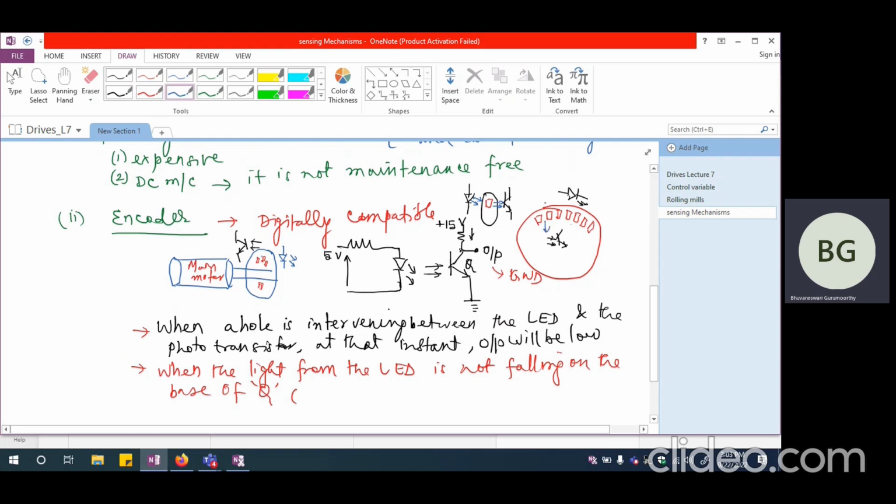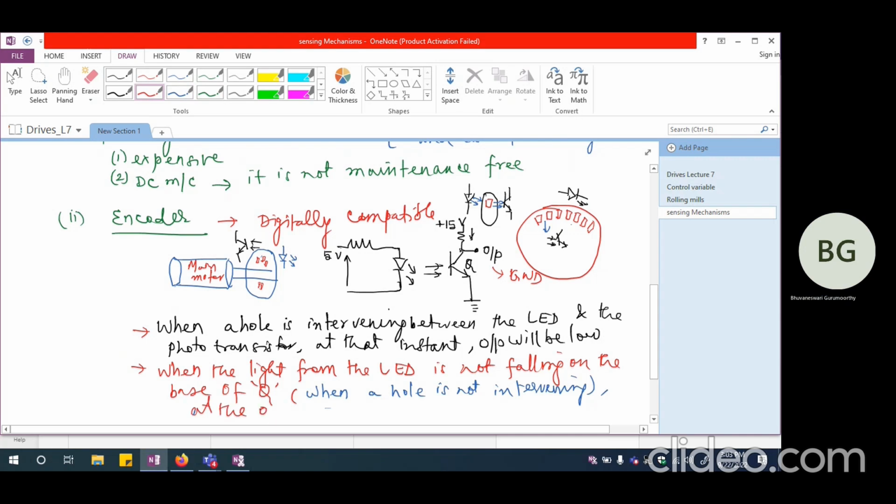This is the intermediate surface between two holes. So when a hole is not intervening, in that case, we are going to have 15 volts coming up at the output.